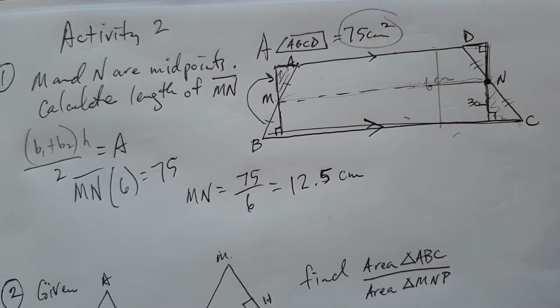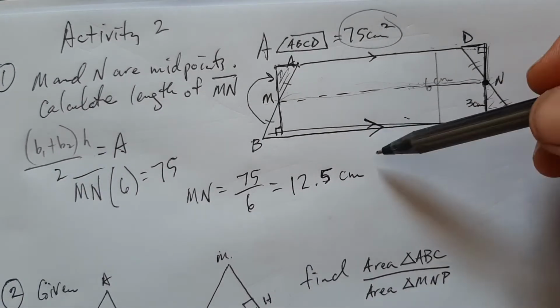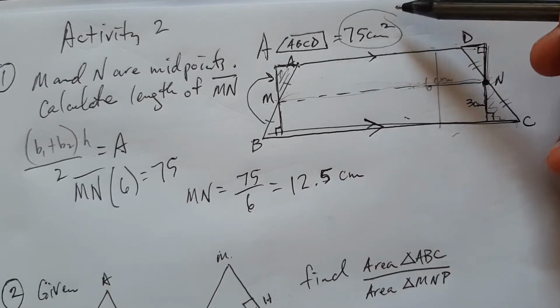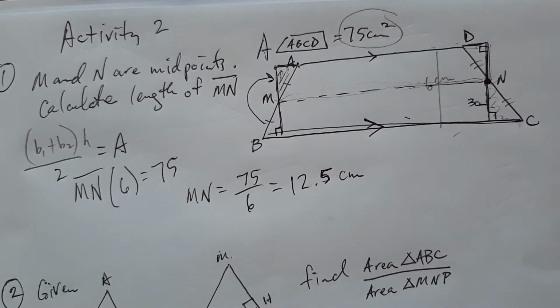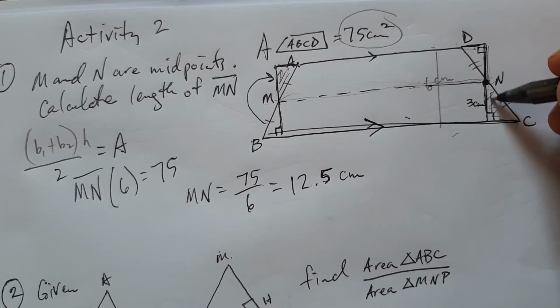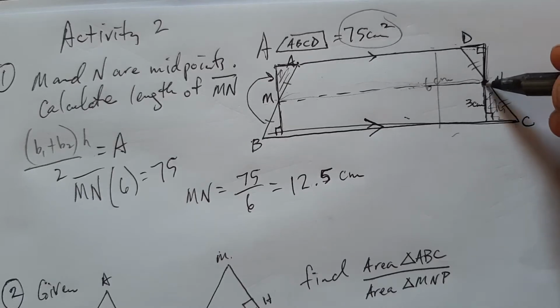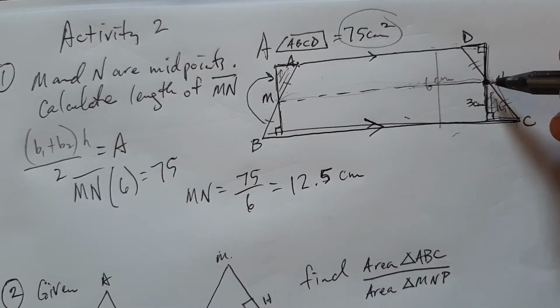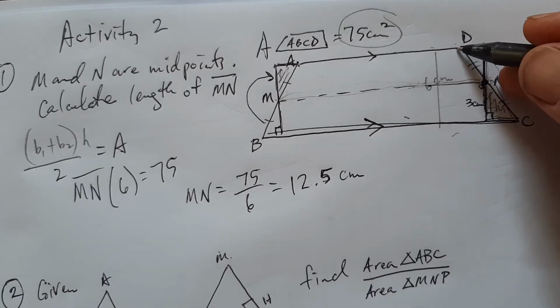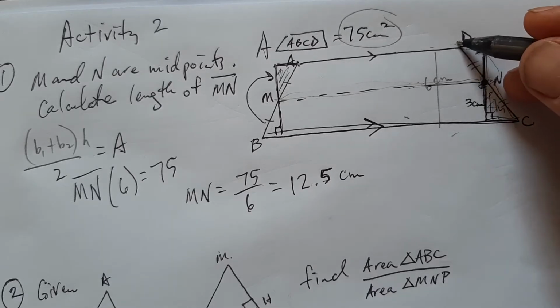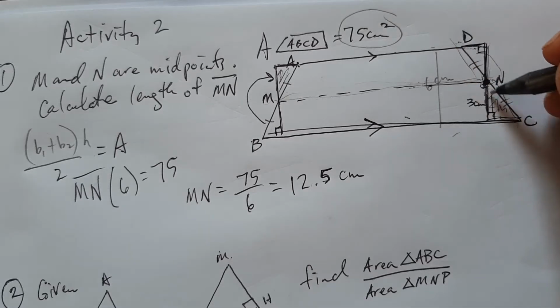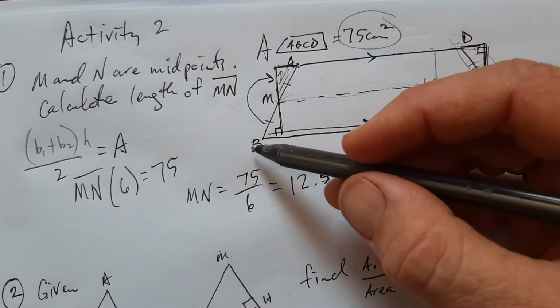So there you go. 6 times 12.5 gives me 75. And that's what MN has to be. I hope this made sense to you. If I take this little triangle right here and rotate it about point N 180 degrees, it fits right up there and covers that spot because of parallel lines and good stuff. And the same with up here.